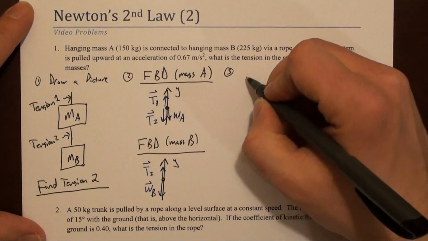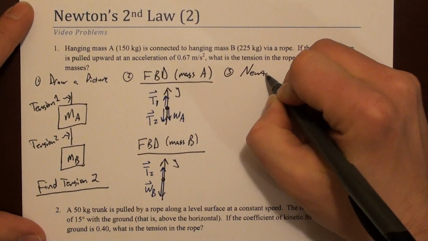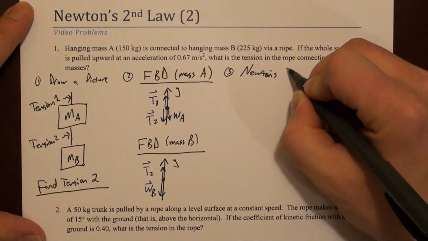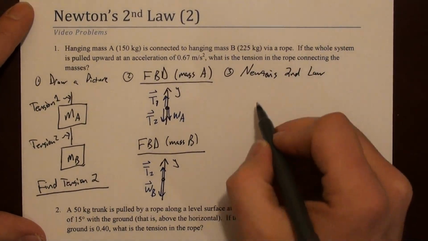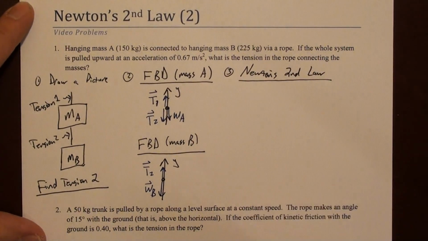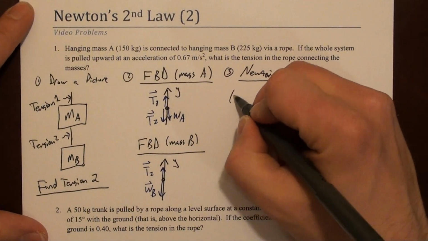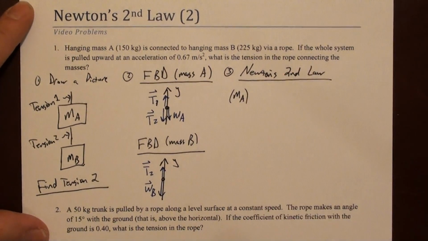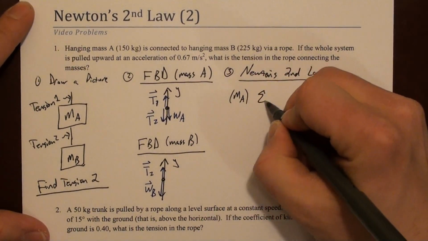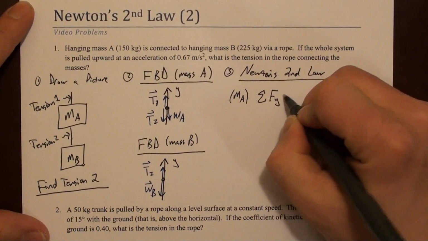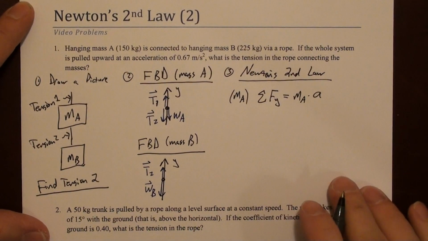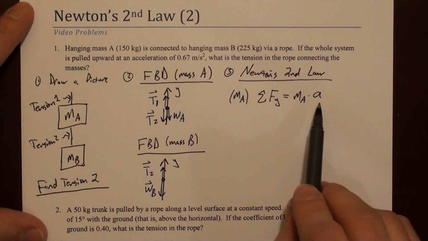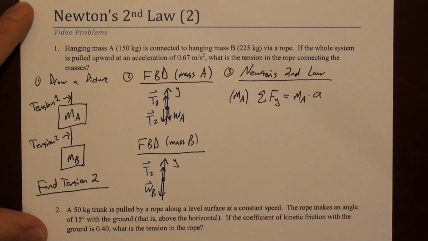Okay, so step 3 here is to fill out Newton's second law using these free body diagrams. Right, so for mass A, we say the sum of the y direction forces is mass A times acceleration. And again, that acceleration is a number that's given to us. In fact, we could draw that on this diagram.